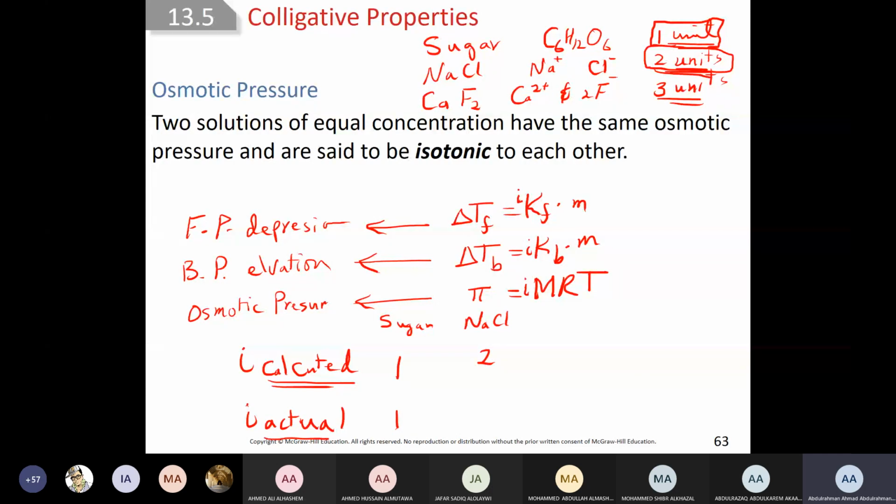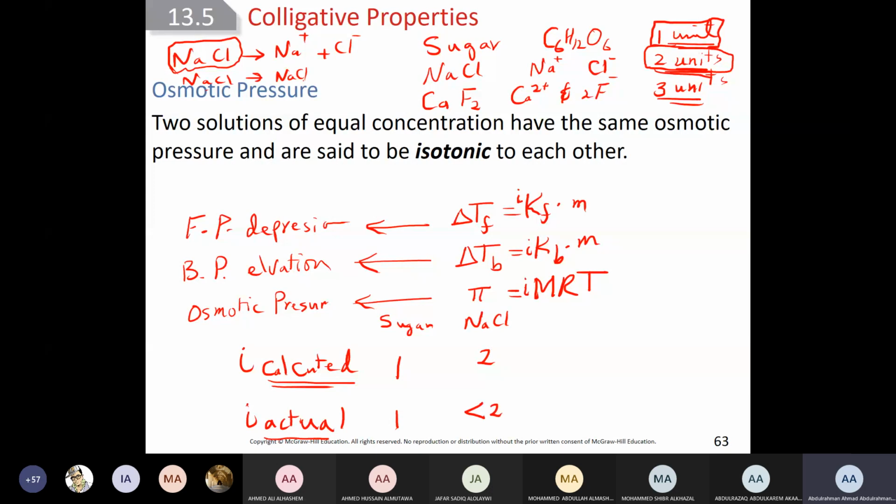Tell me why. Because maybe not all NaCl will go to Na plus and Cl minus. Maybe some will stay as NaCl, and then 1 unit will give you 1 unit. Is this clear? So usually it will be less than 2.